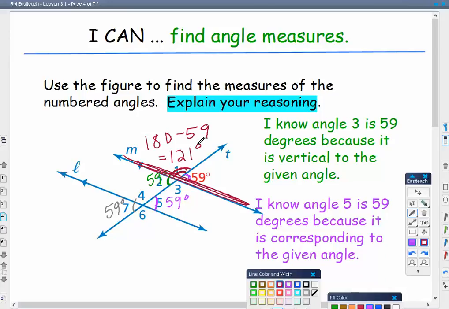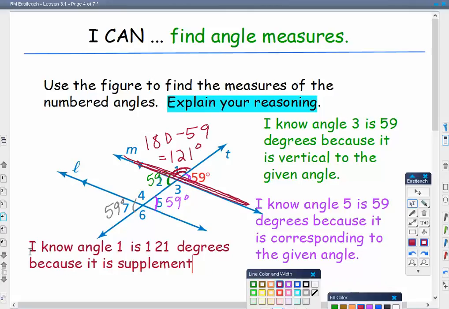I had to take a minute to pause and check my mental work there, but I know 180 minus 60 would be 120, so it's got to be 121 degrees. Again, if I had to give an explanation for that, I would say, I know angle 1 is 121 degrees because it is supplementary to the given angle.